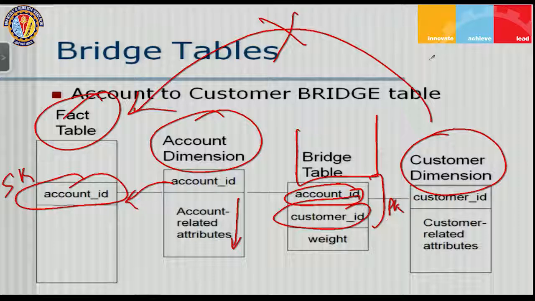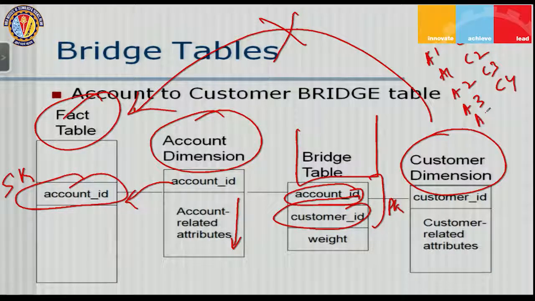So what it allows me to do is say that account 1 customer 1, account 1 customer 2, account 2 customer 3, account 3 customer 4, account 3 customer 5, and so on. So you can see that A1 has two customers, A2 has only one customer, A3 has two customers, and other accounts will have different numbers of customers.